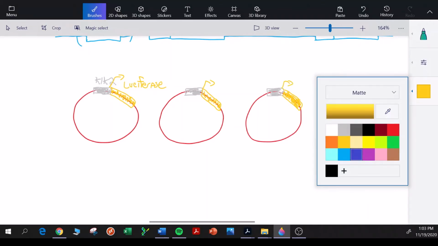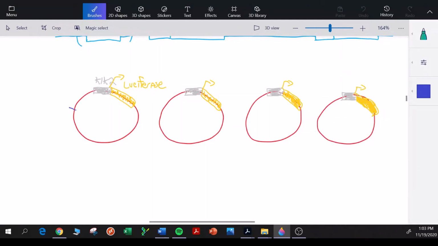Now, they also took the KLK3 enhancer and put it in the plasmid upstream of the KLK2 promoter.